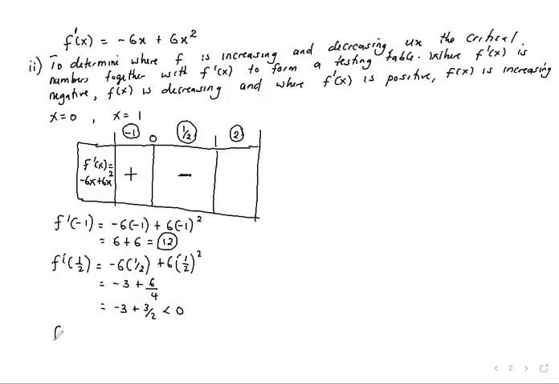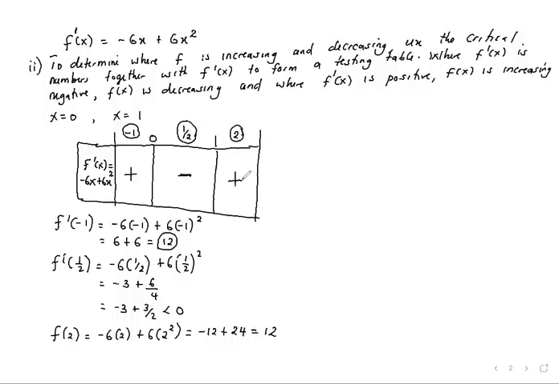Then we pick 2: we have -6 times 2 plus 6 times 2 squared. So we're getting -12 plus 4 times 6, that's 24, giving us +12. We just wanted to check if it's plus or minus.